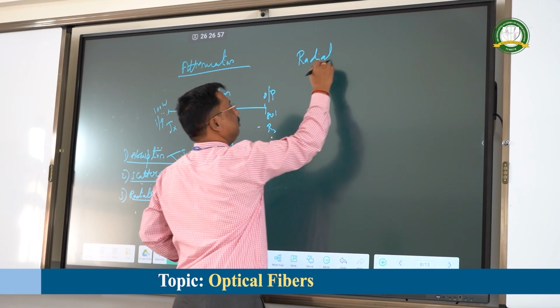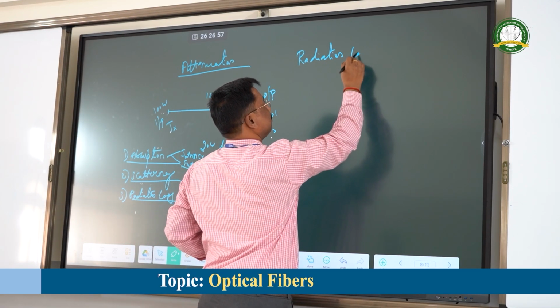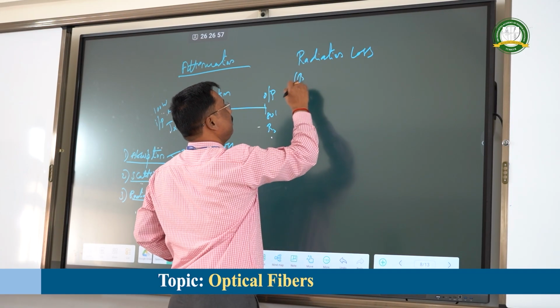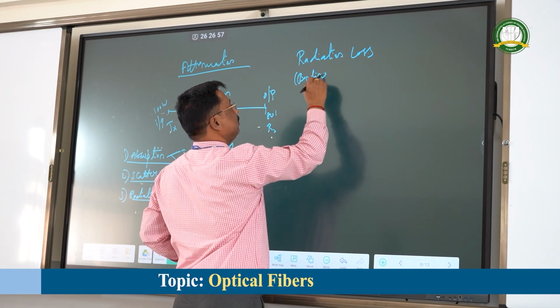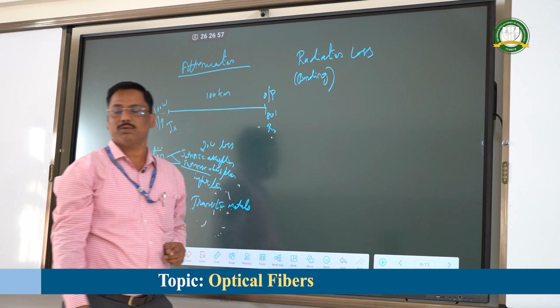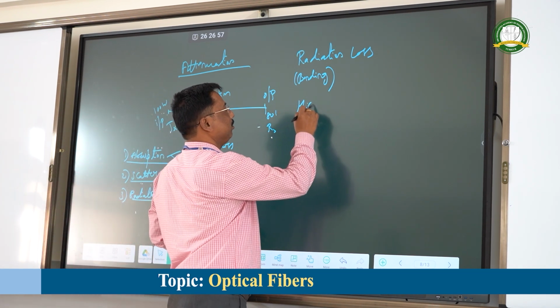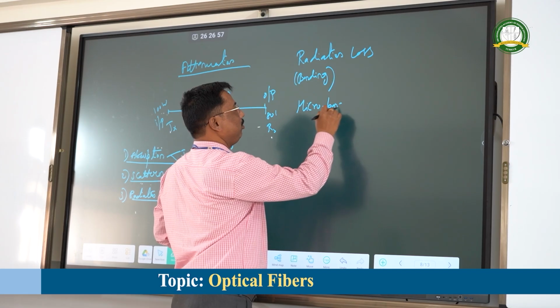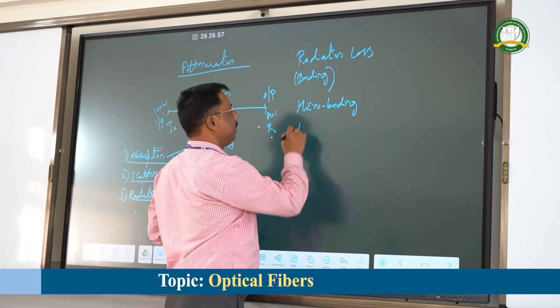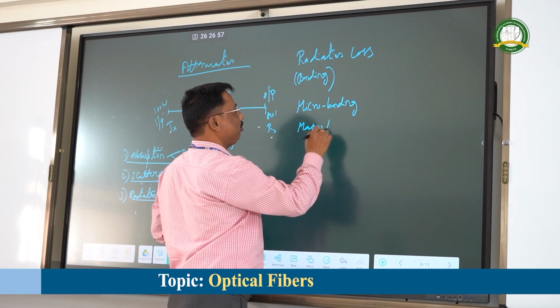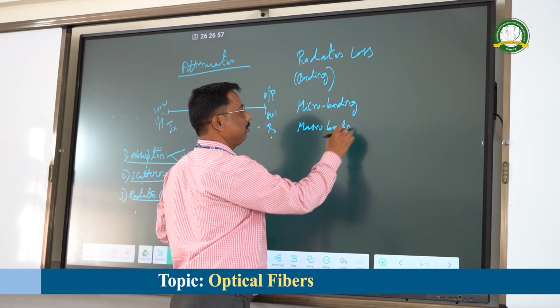Radiation loss is also called bending loss. Once again, it has two types: the first one is micro bending, and the second one is macro bending.